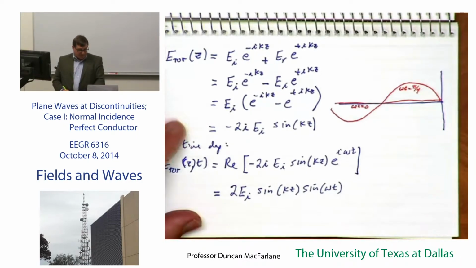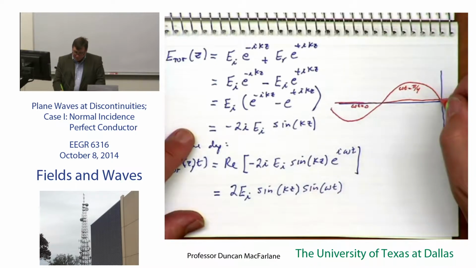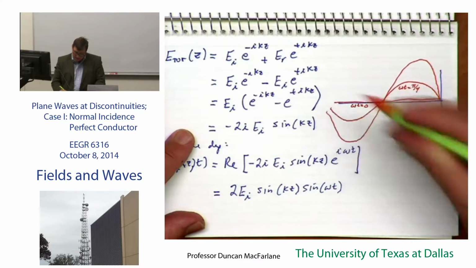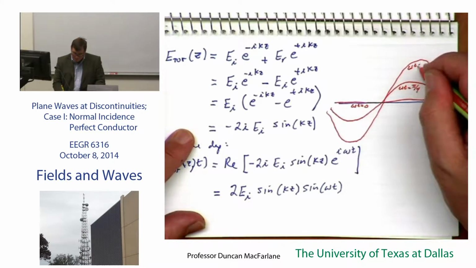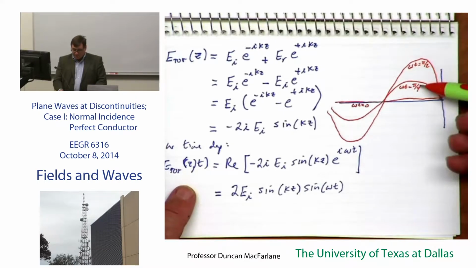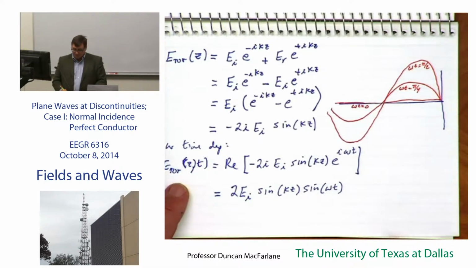At omega t equal to pi over 2, 90 degrees, I get that. 3 pi over 4, I get that. Pi, I get that. So on and so forth.